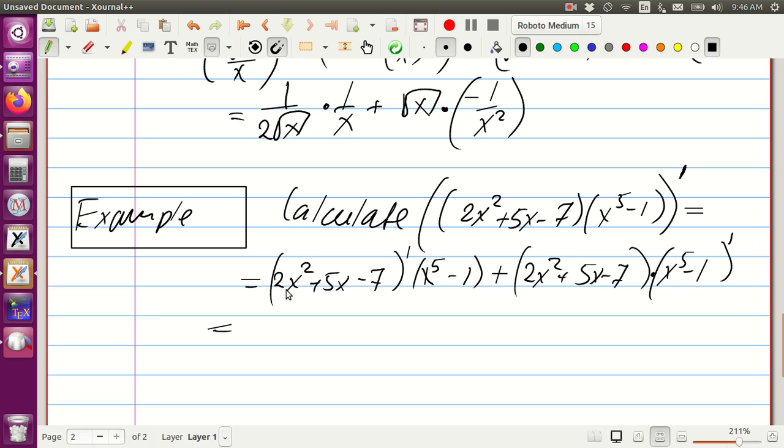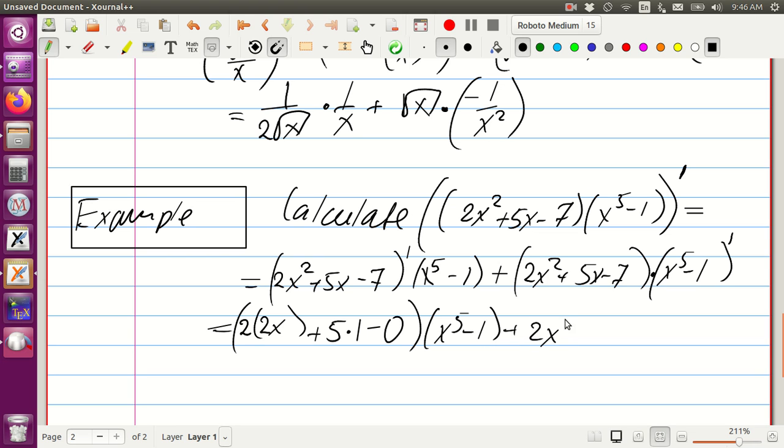So what would it be? 2 is a constant, then we need to find the derivative of x squared, and the derivative of x squared is 2x. Then we put plus, 5 is a constant, the derivative of x is 1, and the derivative of a constant is 0. So that's what we get for this function.